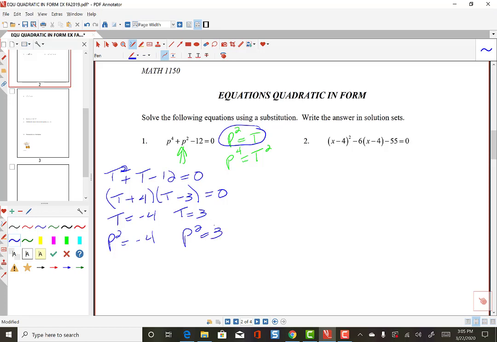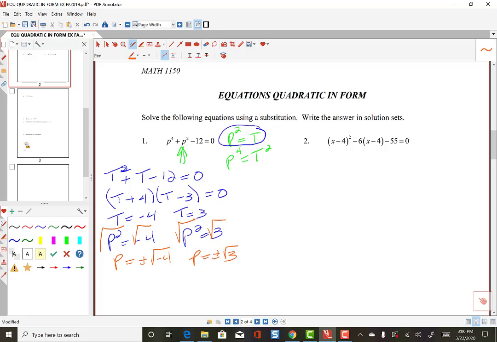Now, I want to know what p is, not what p squared is. What if I was to take the square root of both sides? Then p is equal to plus or minus the square root of negative 4, or p is equal to plus or minus the square root of 3.